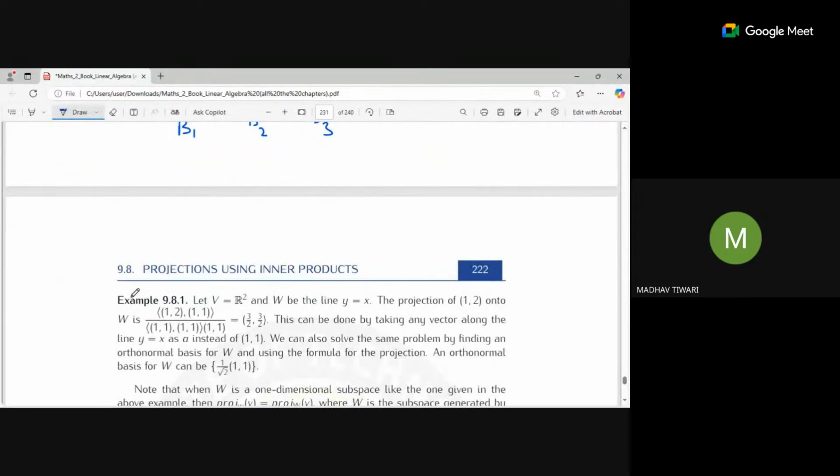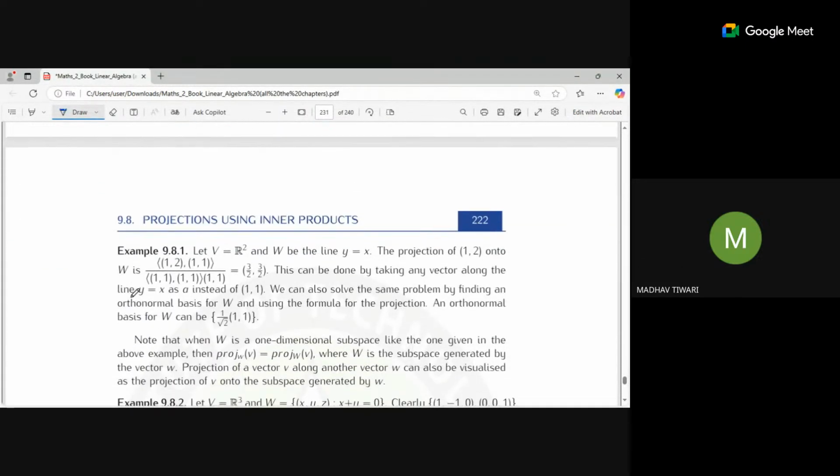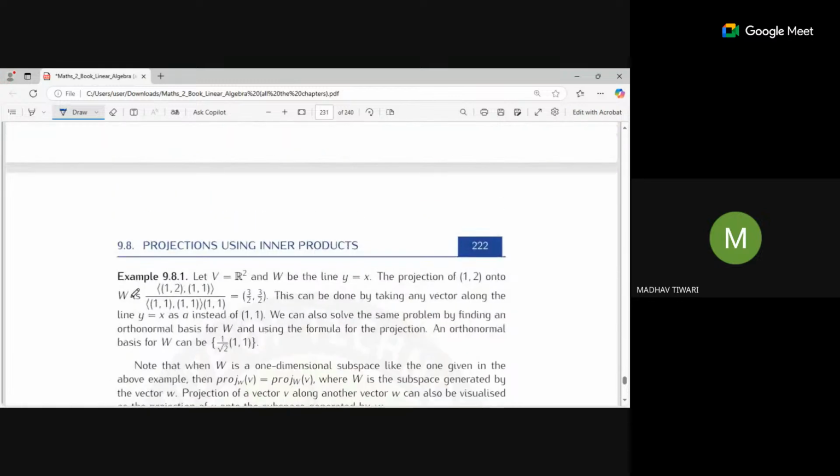This is if I want to project my vector on a vector space or a subspace. Here you can see one example. We are given a line y equals x. Vectors in R2 will be like this, (x, y), where x and y both belong to the real numbers.